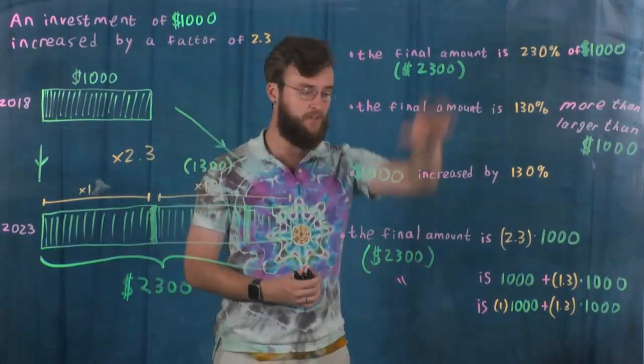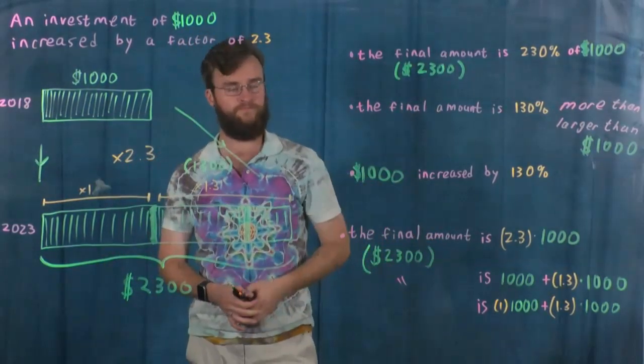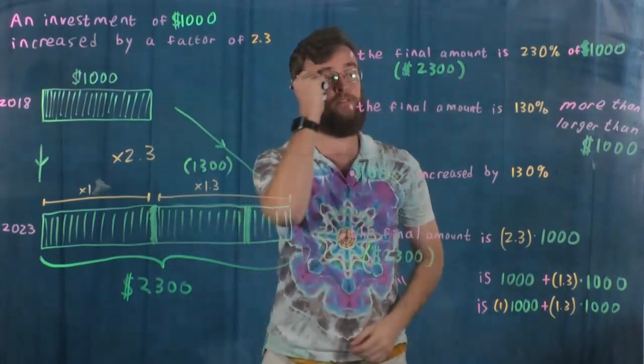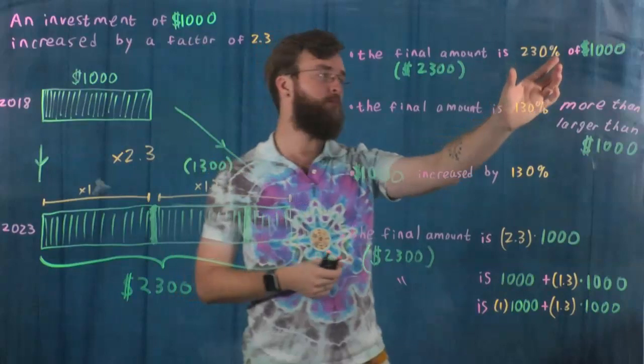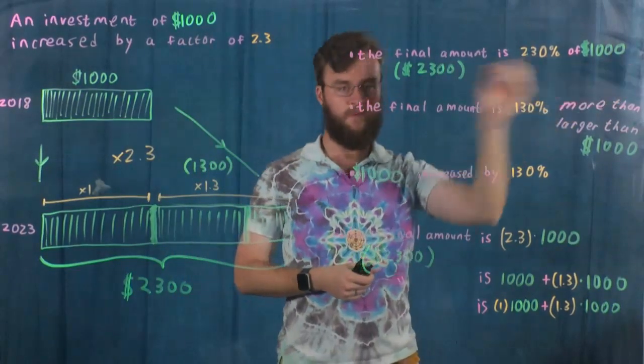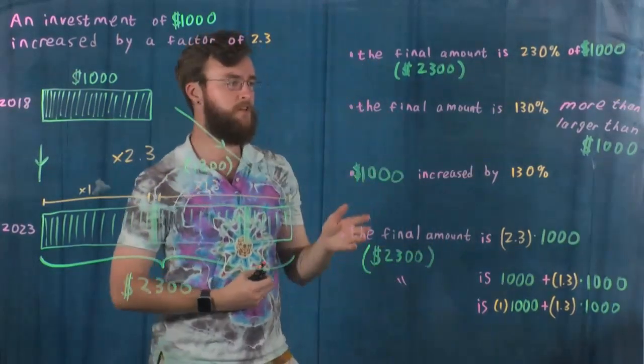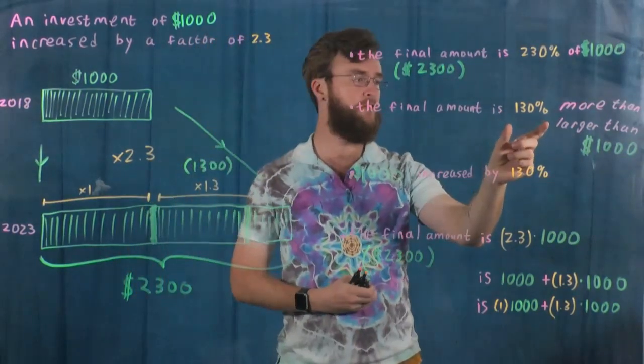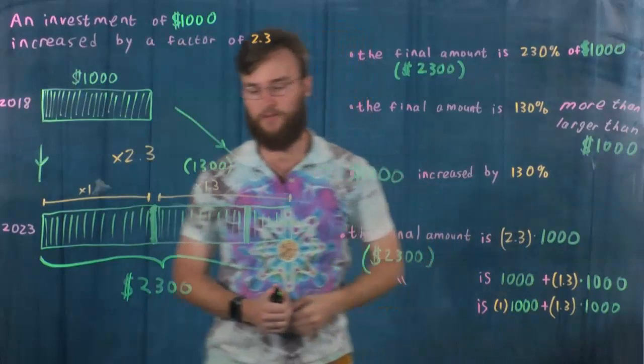So for example, I'm just going to go through some of the correct ones here. The final amount, so that's 2,300 in this case, is 230% of 1,000. You could also say, and it would be just as valid, that the final amount is 130% more than $1,000.